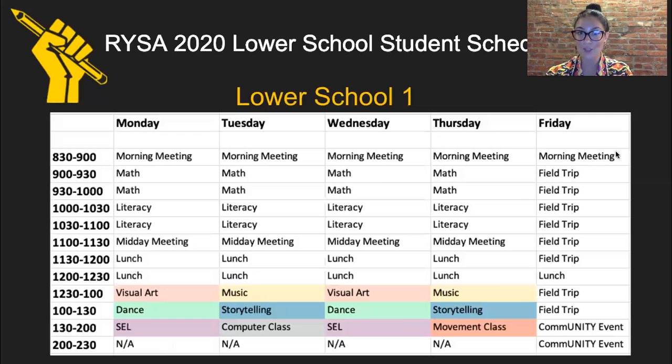On Fridays, students in lower school begin their day at 8:30 with their morning meeting as typical. They then complete virtual field trips, which are a combination of some guided activities and some independent activities, until they break for lunch and ultimately reconvene at 1:30 until 2:30 p.m. for our whole school community event, which is part award show and part showcase.